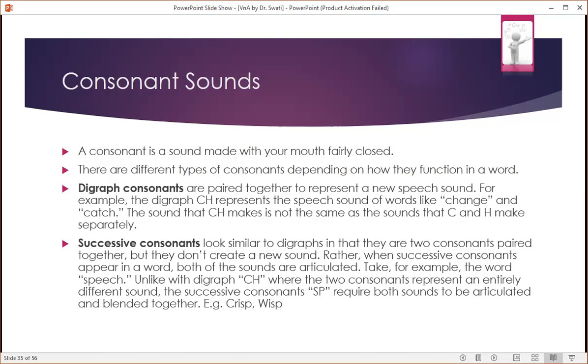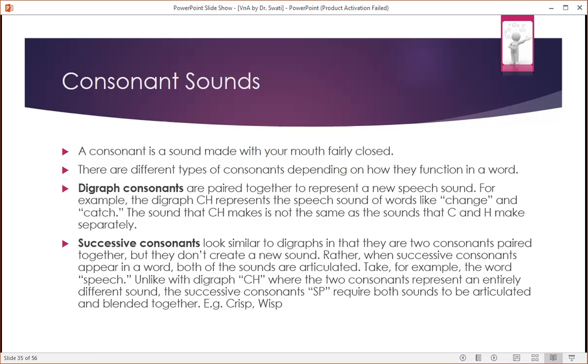Okay, in the last one, the digraph consonant was making a new sound, but in successive consonants, it is not making a new sound. When successive consonants appear in the word, both of the sounds are articulated, right? So both the sounds are articulated in the word.